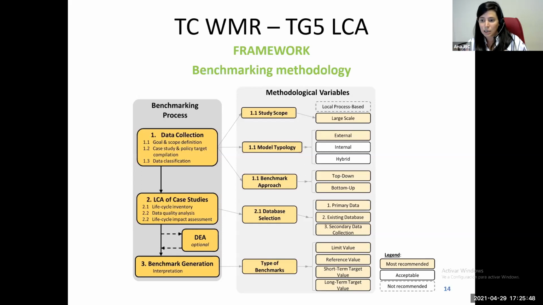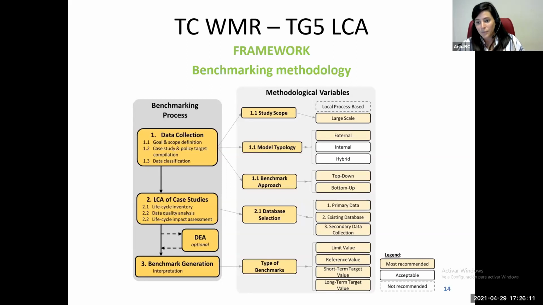If it's internal, you can take data from standards or a specification. There can also be a mix of both. You can see there with colors that what is most recommended for the construction sector is external, and that's what we are trying to do here, collecting data from case studies, mainly from all of you.